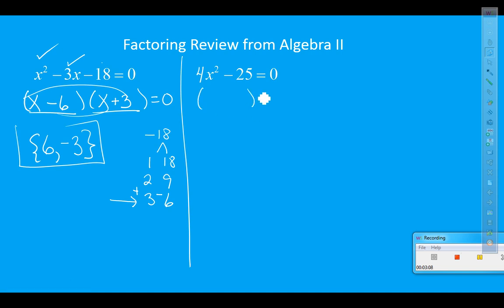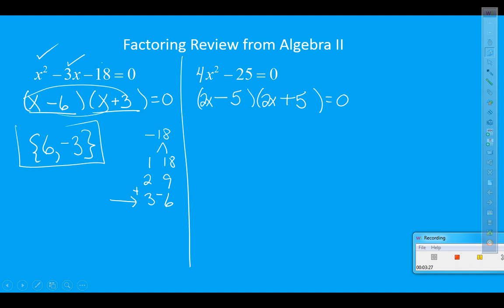The key thing here is your middle terms are going to drop out. The thing that makes the middle terms drop out is this magical plus and a minus. Now you just take the square roots of both. So there's going to be a 2x there, a 2x there, a 5 there, and a 5 there.